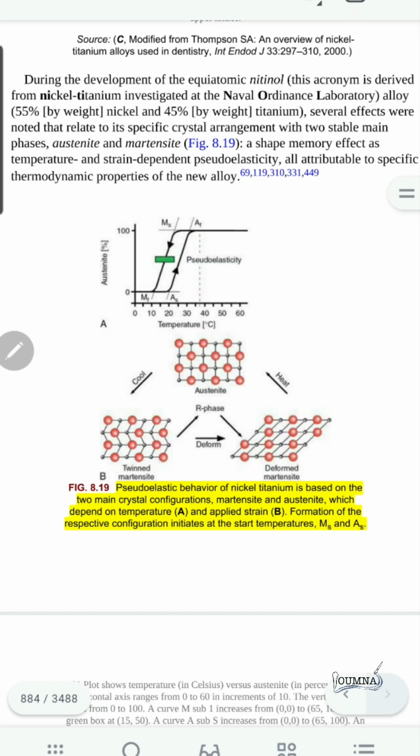Usually when stress or pressure is applied to the nickel titanium, it is transformed from the austenite to the martensite. But when heat is applied, the austenite is more capable of maintaining the heat change than the martensite.